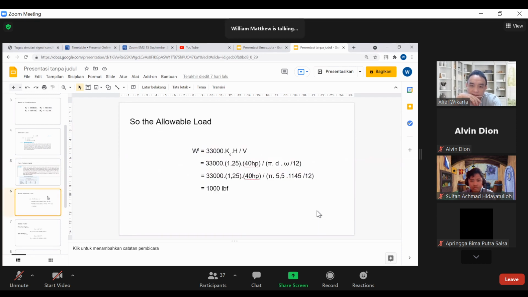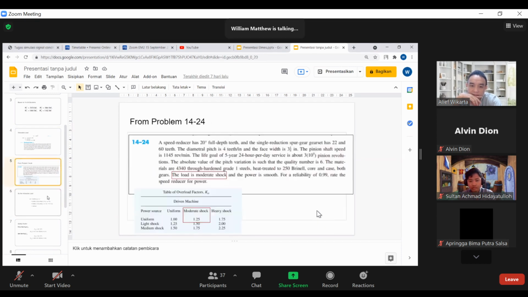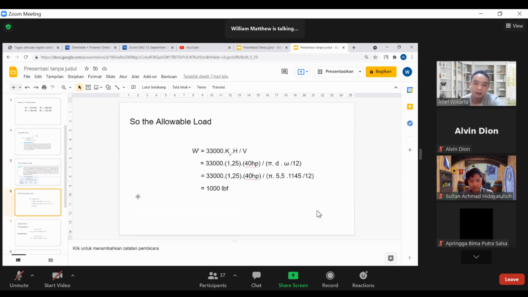So the overload factor depends on the load given on the gear. This is the allowable load from the calculation where the power is 40 HP and the velocity is P times D times omega per 12.